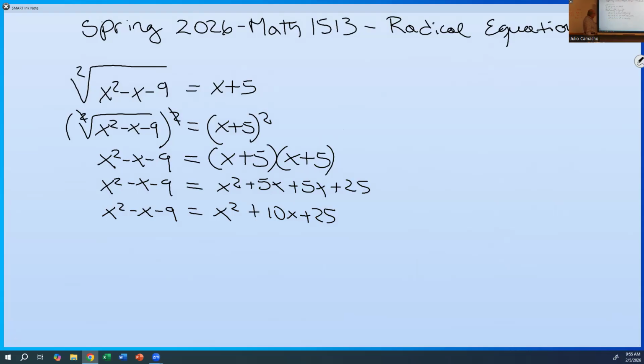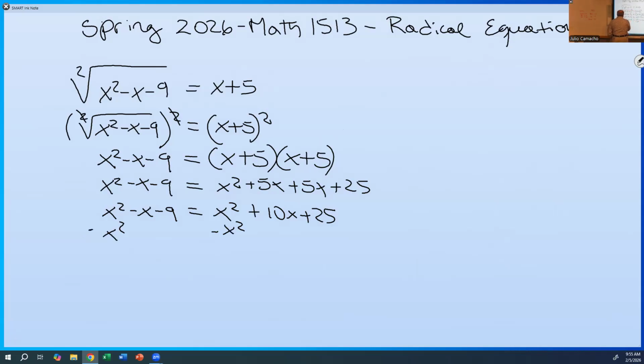At this point, I have two trinomials on both sides, and you can say, well, Mr. Camacho, we can try to simplify them. I recommend, first of all, try to cancel everything you can cancel before trying to solve the equation. By tradition, we have all the x's on the left and all the numbers on the right. Well, we can subtract x squared from both sides.